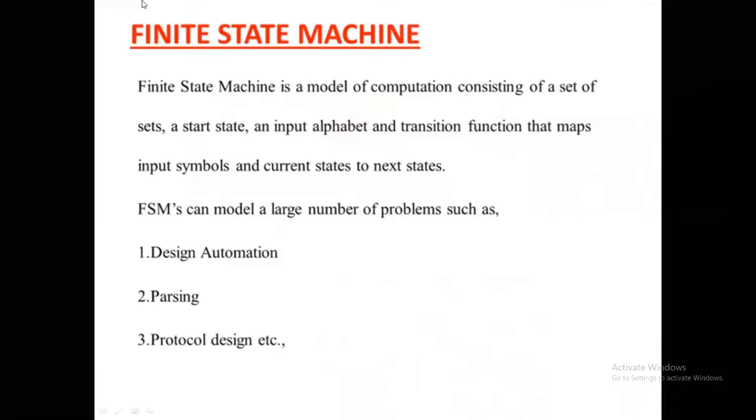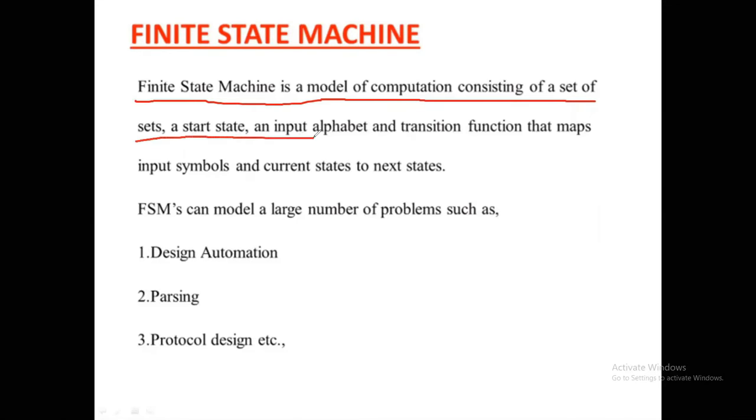So now you see it's a finite state machine. A finite state machine is a model of computation consisting of a set of states, a start state, an input alphabet and a transition function that maps input symbols and current states to next states.